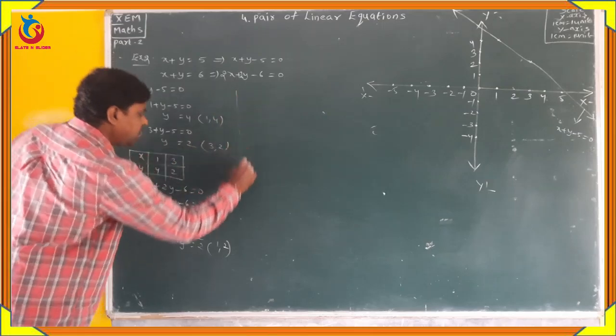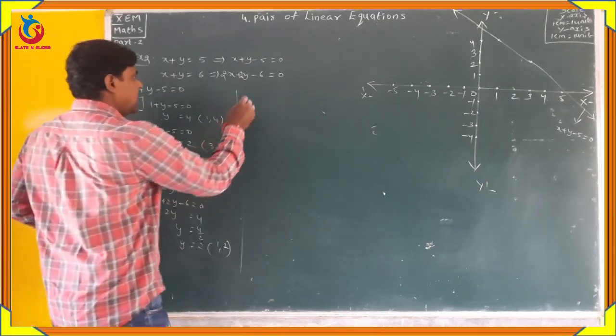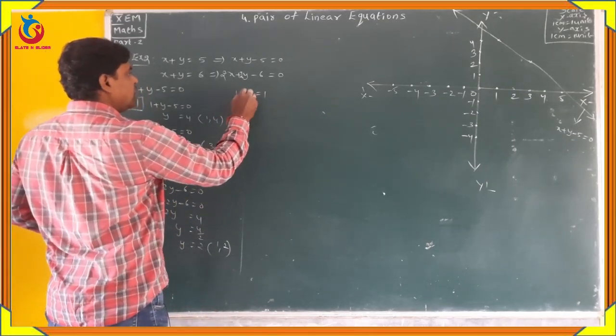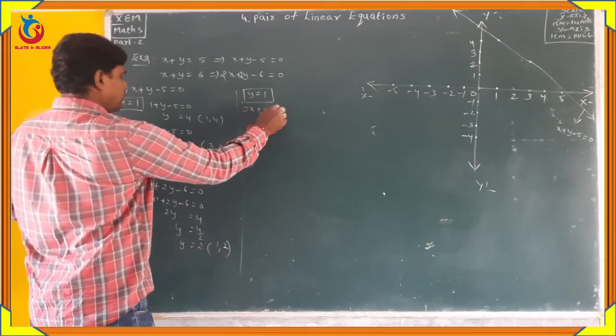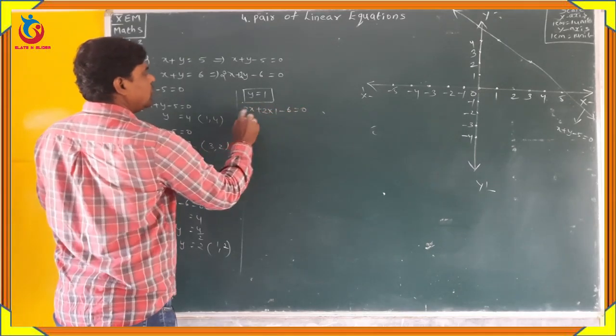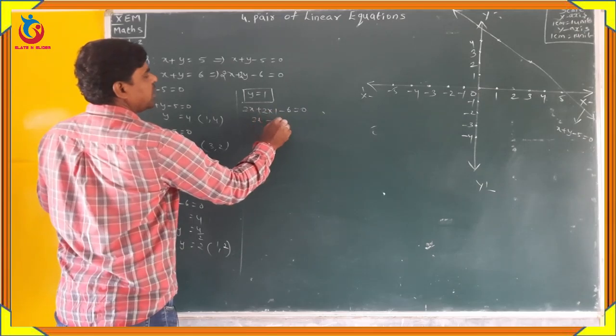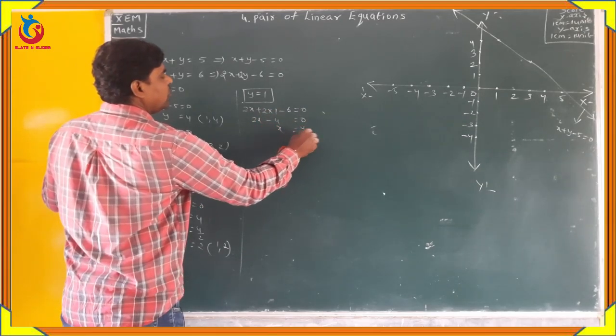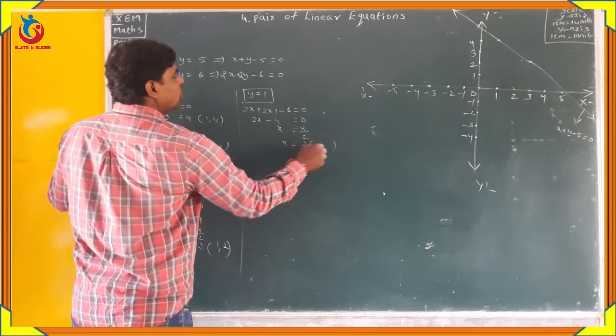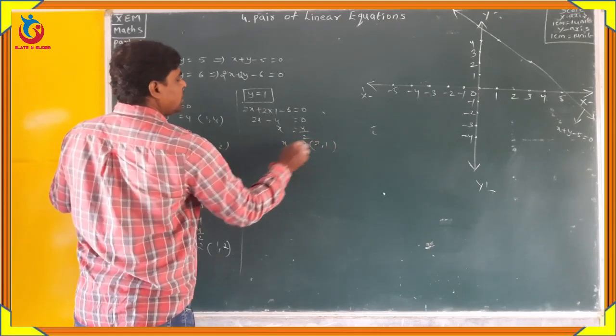And take one more point. Now I would like to take y is equal to 1. Then 2x plus 2 into 1 minus 6 is equal to 0. By simplification, 2x minus 4 is equal to 0. So directly I will write x is equal to 4 by 2, so x is equal to 2. So the point is 2 comma 1.